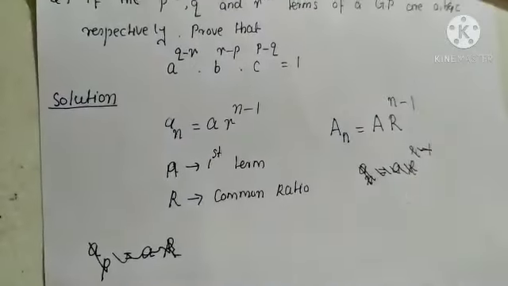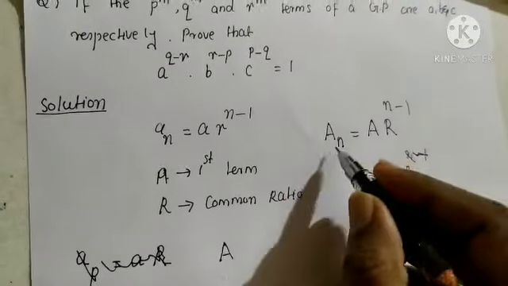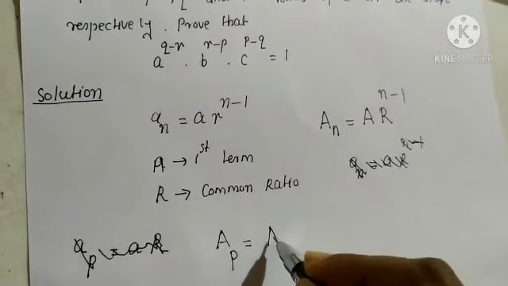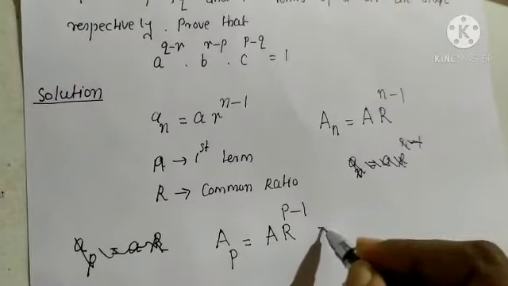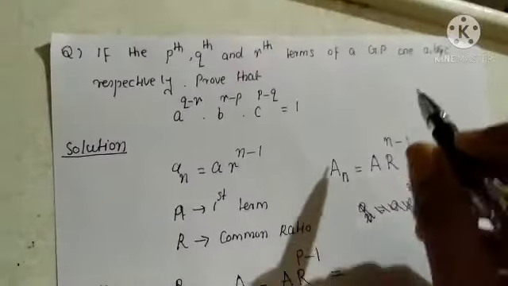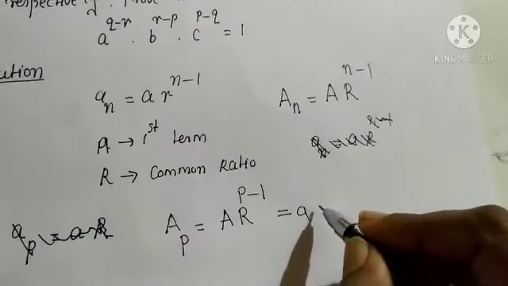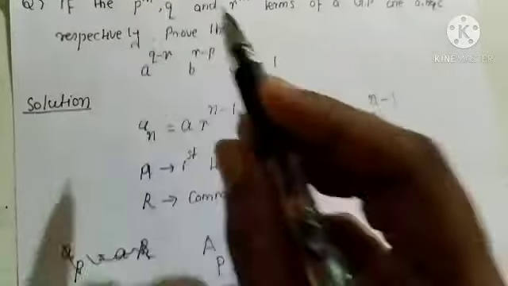First of all, I'm going to find the pth term, that is, replacing n by p, we get the pth term A R raised to p minus 1 equal to, given that it is a. Let's name it equation number 1. Next, the qth term.